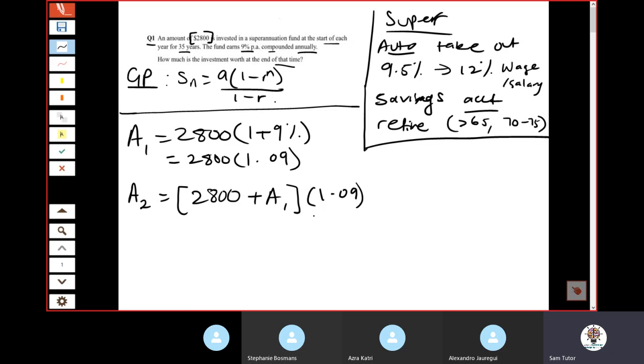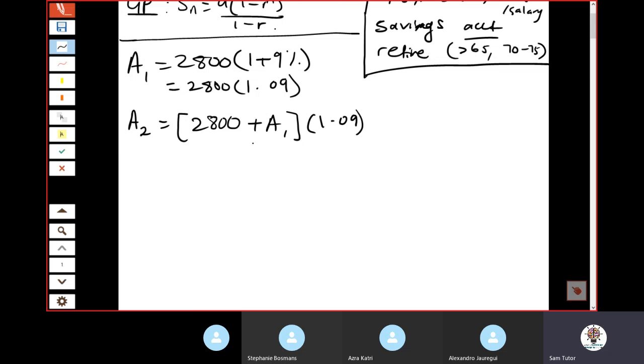Girls, Azra, let's start with you. Does the logic of that make sense? Yeah. You're going to add 2,800 to the amount that you had left at the end of the first year, and then the total amount you're going to have is going to grow by 9%. So times by 1 plus r, which is 1.09. Okay, Stephanie, makes sense? Yeah. Beautiful.